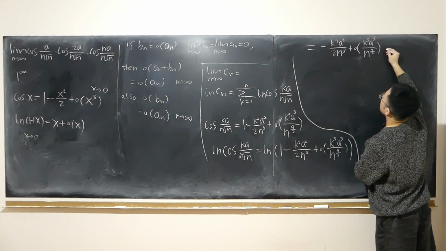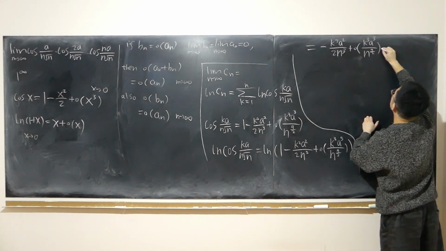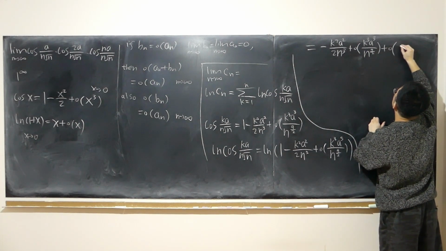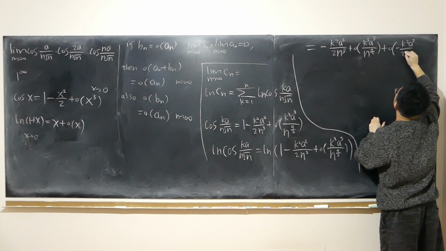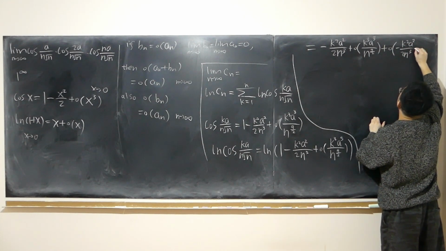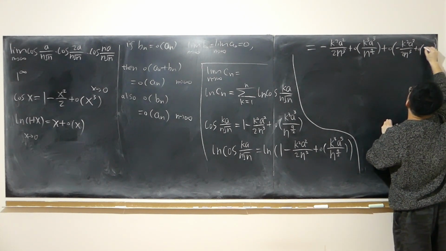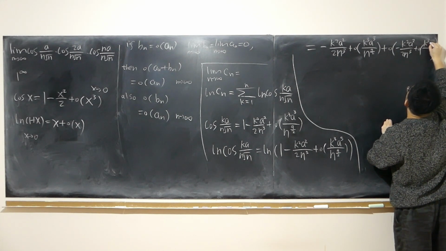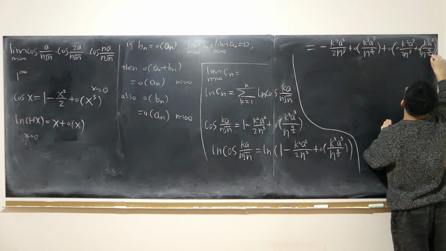It says plus little o of this thing: minus k squared a squared over 2n cubed plus little o of k cubed a cubed over n to the power of 9 over 2.